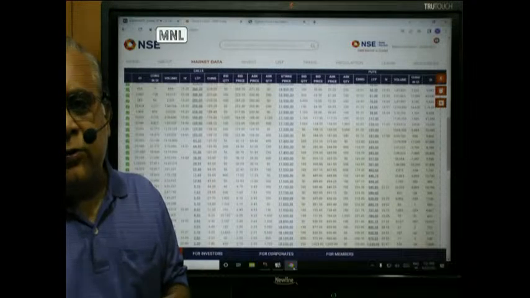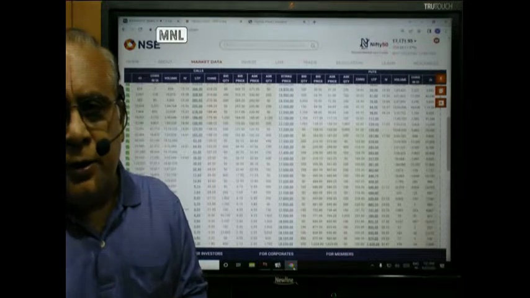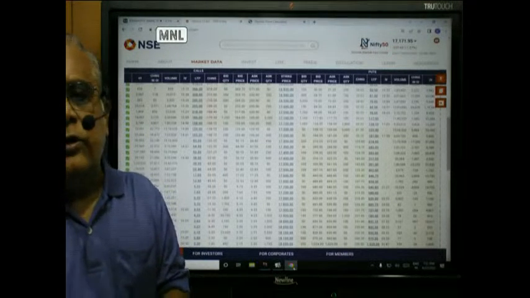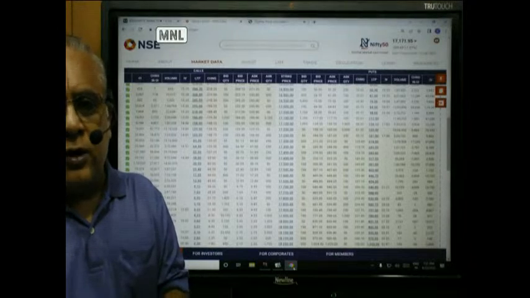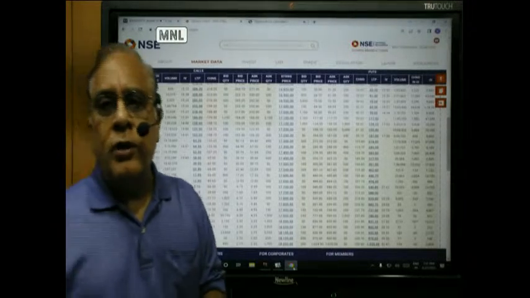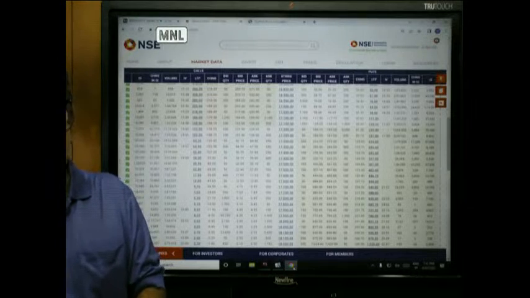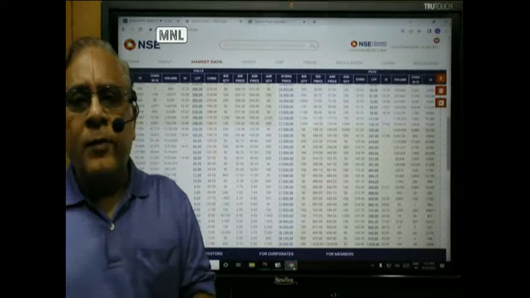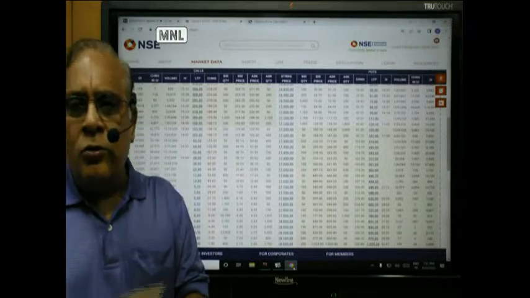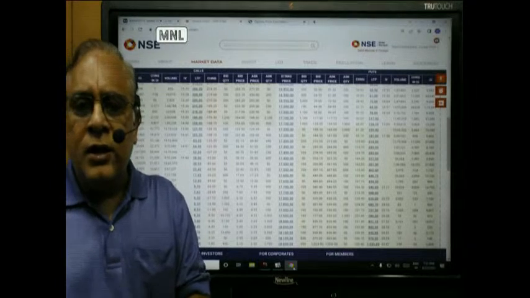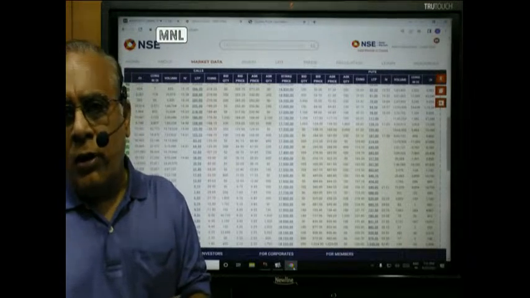So the maximum loss in this particular case, if we have to do two contracts, could be around 106 into 50 into 2, which is 10,000 rupees. So if the market is going to fall by around 250 to 300 rupees, then in that case buying the out of the money call would not have made any difference.